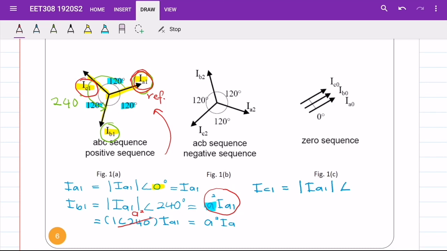So the angle is 120 degrees in the counterclockwise direction. Or we can rewrite it using the operator A identities as A times IA1.